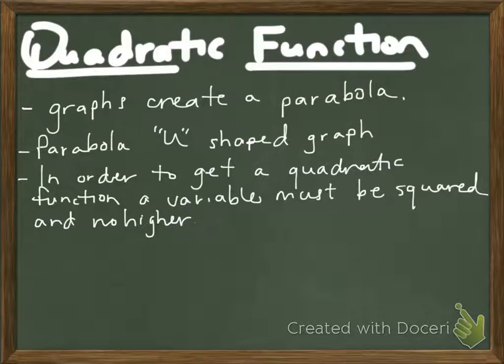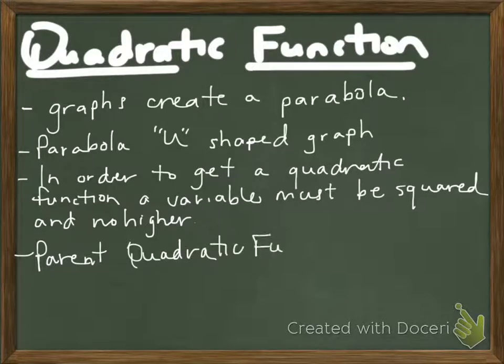So with that being said, our parent quadratic function is y equals x squared. That square term is an indicator to you that you have a quadratic function.